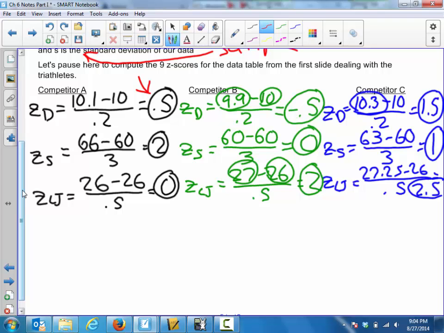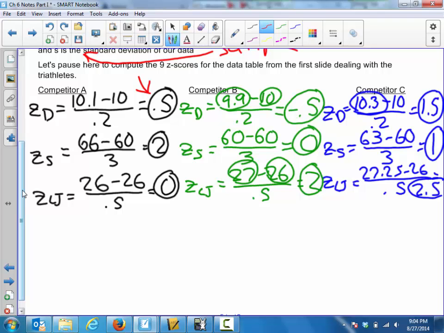So looking at who was probably best overall, we had competitor A doing poorly here, but because they had a z-score above average for that dash time, but then well in the next two categories. If we wanted to determine who was best, we would probably want to find someone who performed better than average in every category.